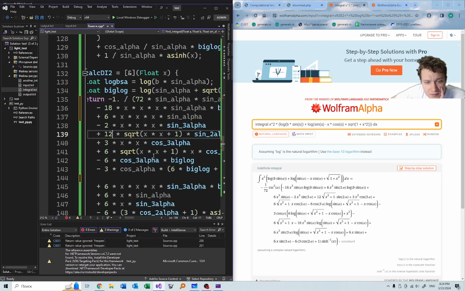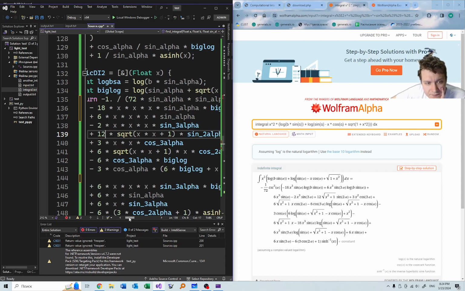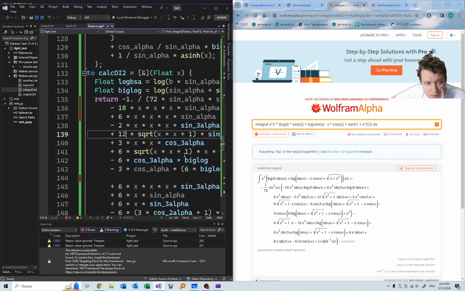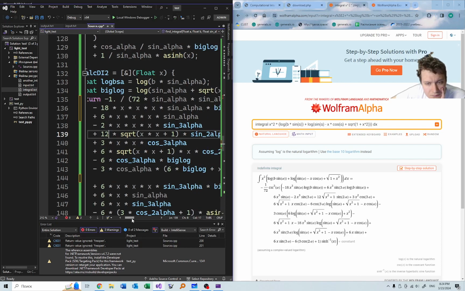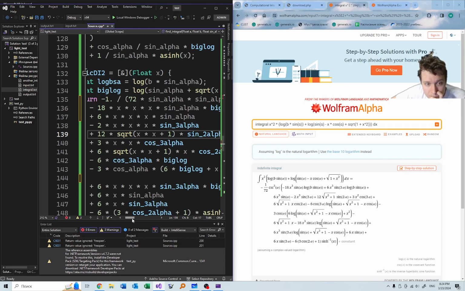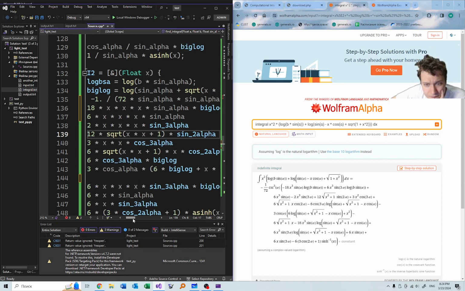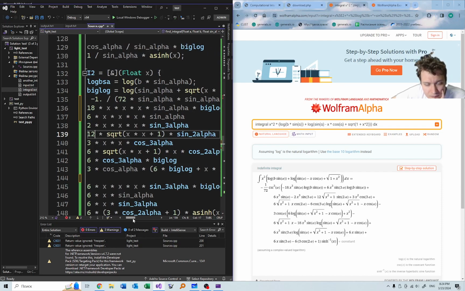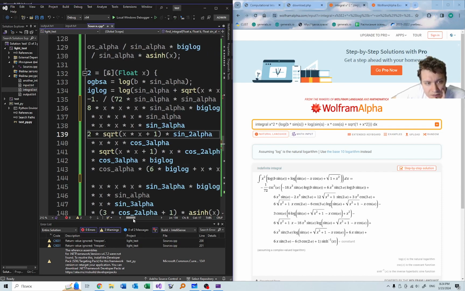Plus 6 square root of x squared plus 1 x cosine 2 alpha. Minus 6, no, not correct. No, minus 6 here. Plus 6 x square root of x squared plus 1 x cosine 2 alpha.